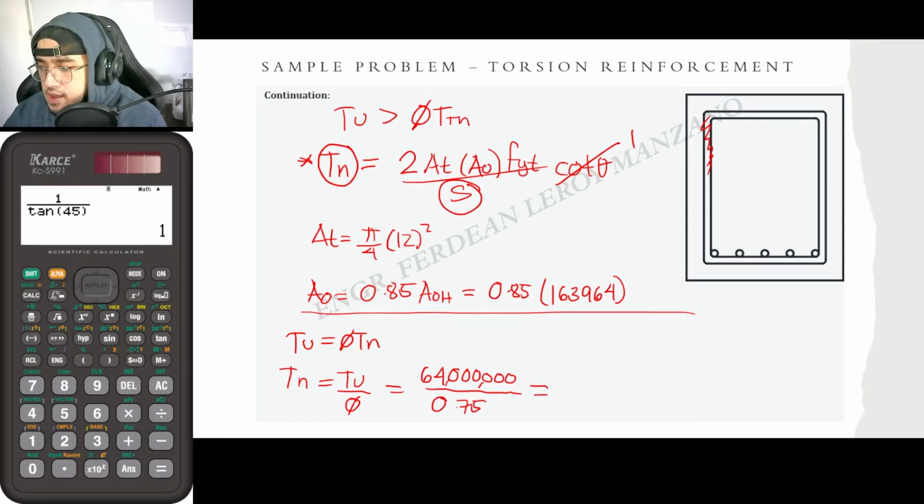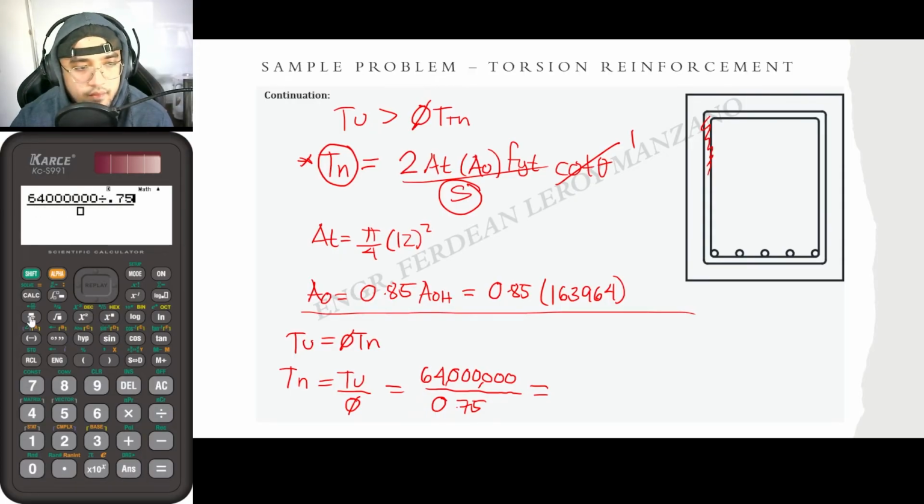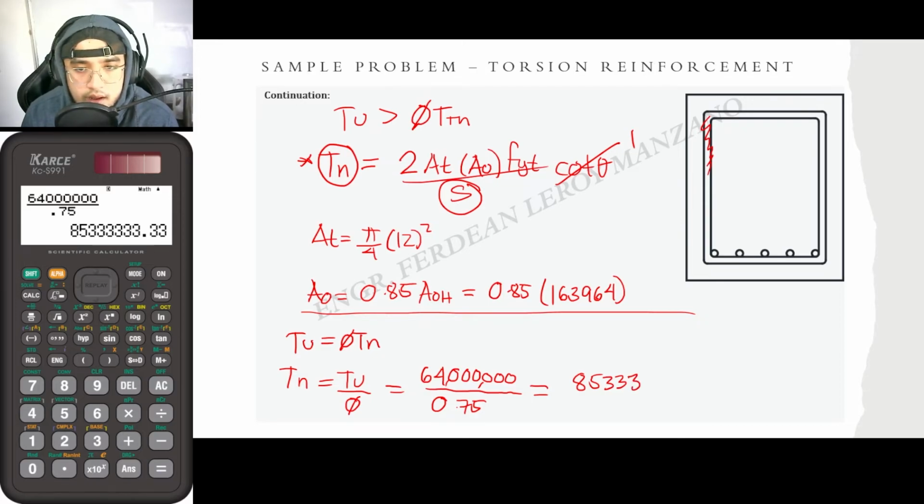Our answer here is now equal to 85,333,333.33. So that is now the value for our Tn.